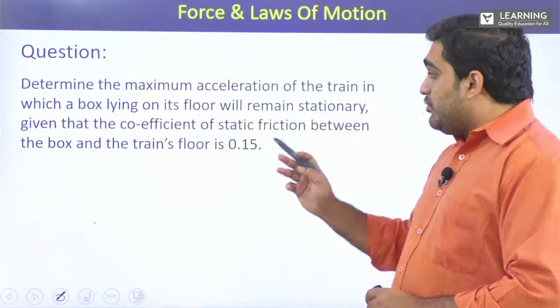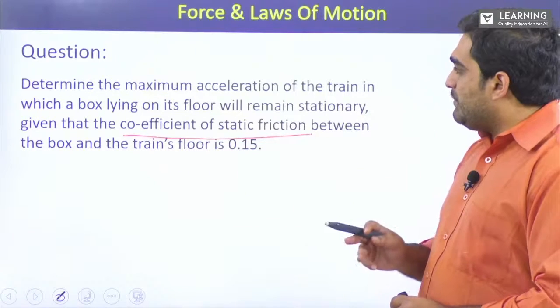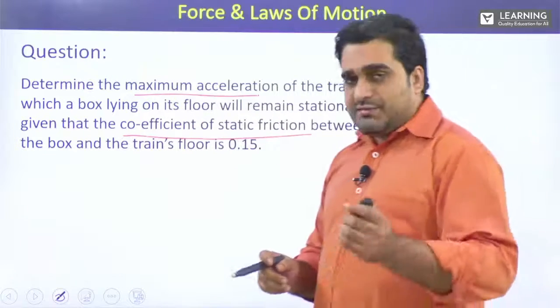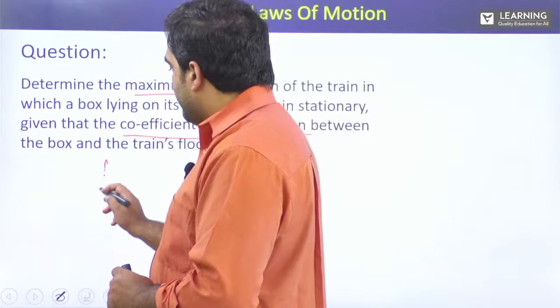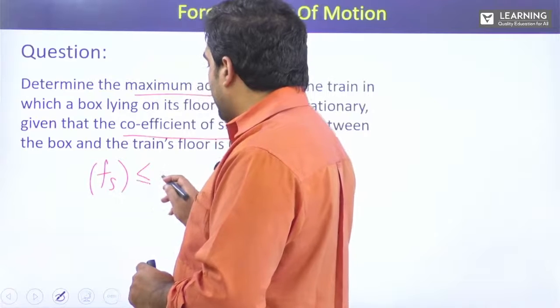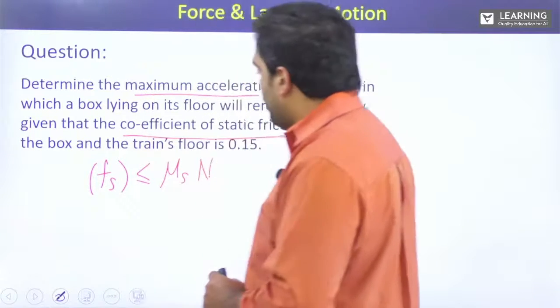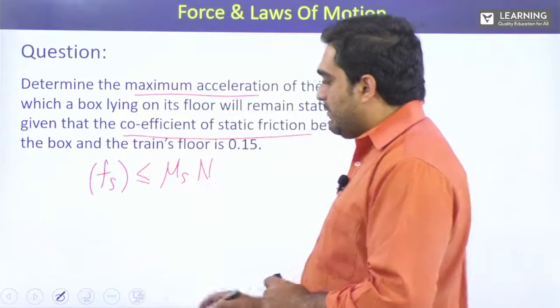You've been given the coefficient of static friction, and what you need to identify is the maximum acceleration. So let's make note of it. The force of static friction is less than or equal to the coefficient of static friction times the normal, mu s N.